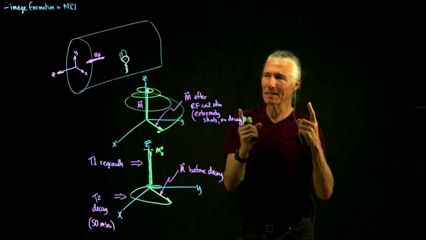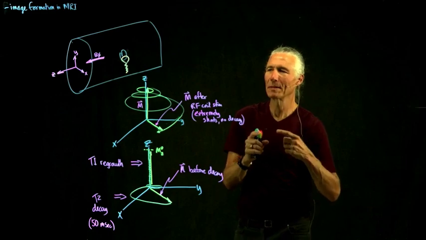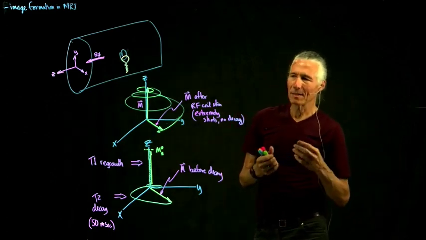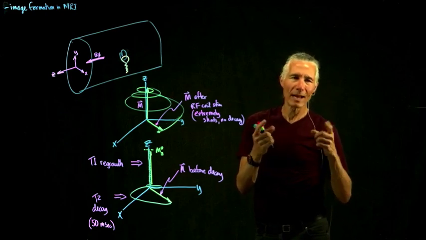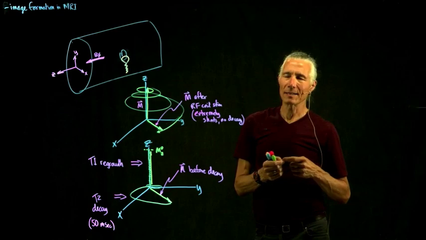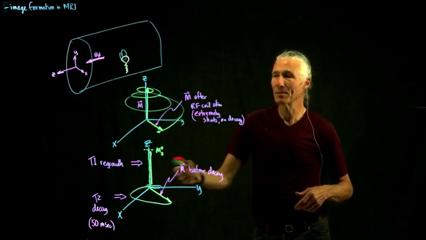And so then these other magnets are getting pushed around by the local magnets instead of all being lined up. And so it has to do with local chemical reactions, or local electromagnetic reactions between these different protons, because they're all in slightly different parts of the brain, and the magnetic field is ever so slightly different in different parts of the brain. So that's what causes the T2 decay.